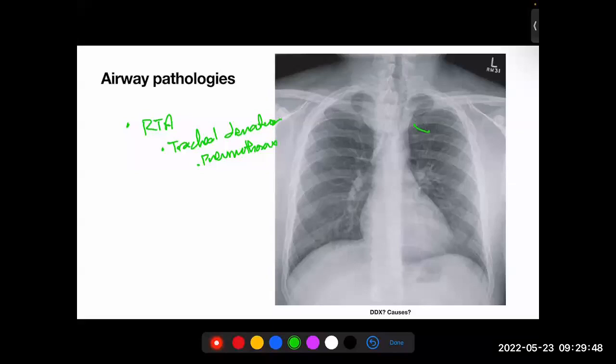The other thing, hemothorax can give you that. What other things can give you that? Lung fibrosis, thank you. But how is this deviation different from that of lung fibrosis? It's the same side where the lesion is, where the trachea is deviated to.